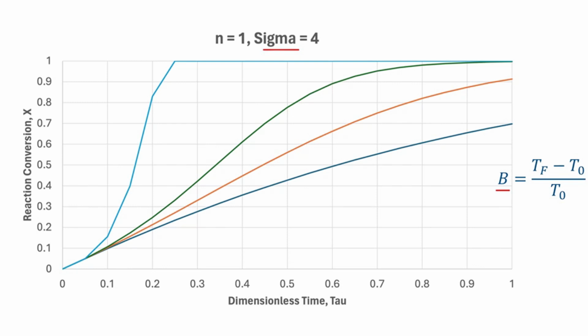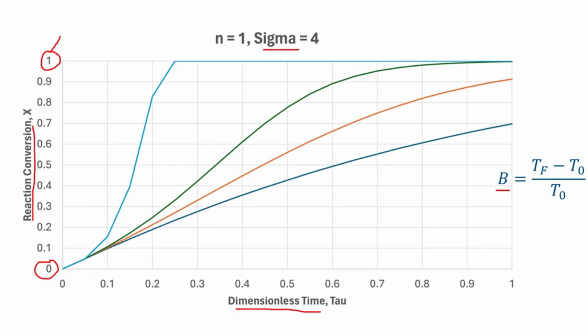So just to first orient ourselves to this plot, we see a plot of dimensionless time versus the reaction conversion. And our constraint on the conversion is that it must be between 0 and 1. So 0 would mean that none of our reactant has been converted to products, and 1 would be complete conversion. So all of our reactant has been converted to products.